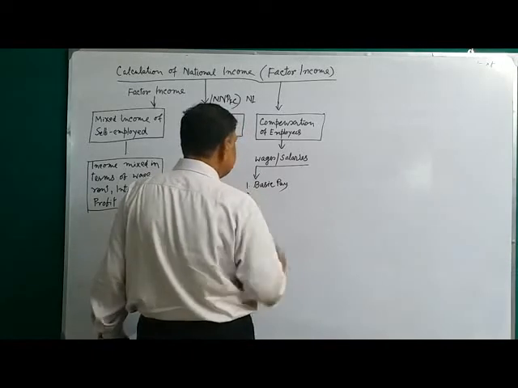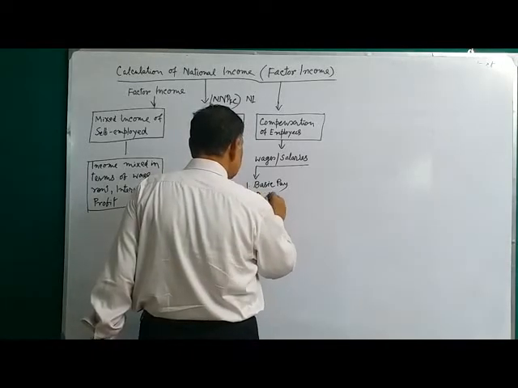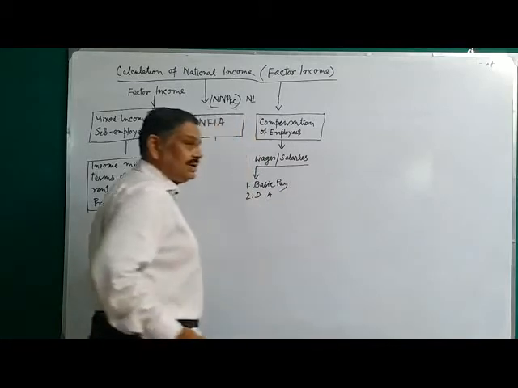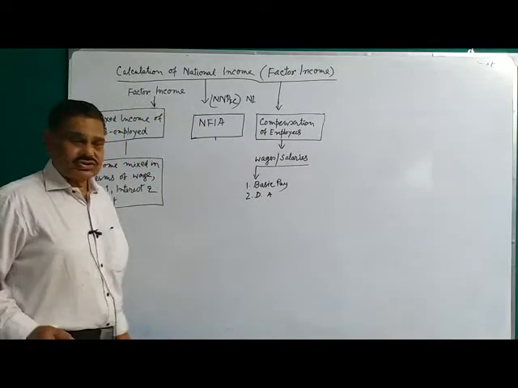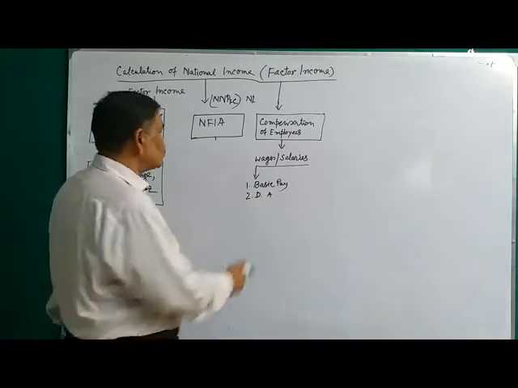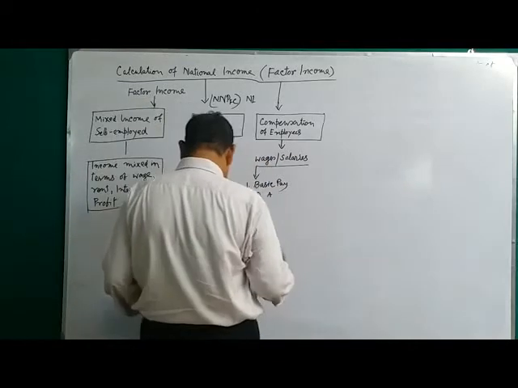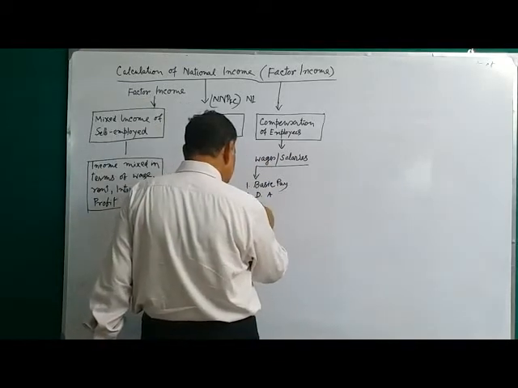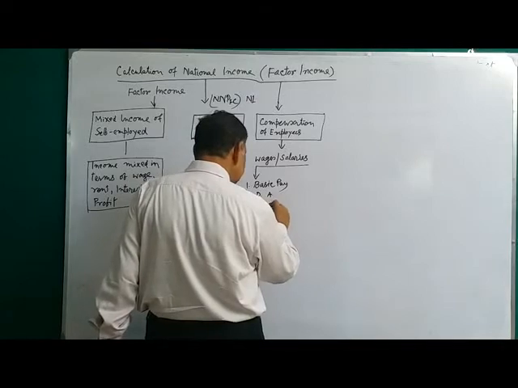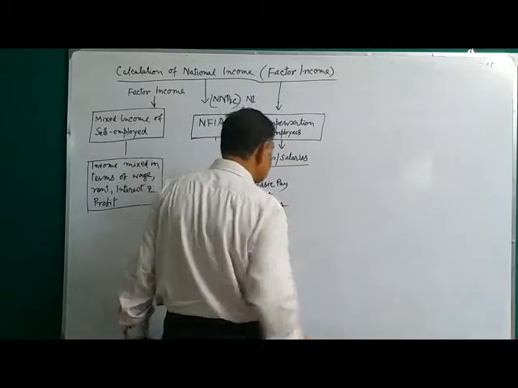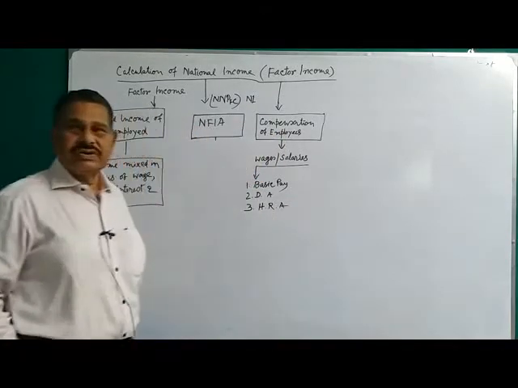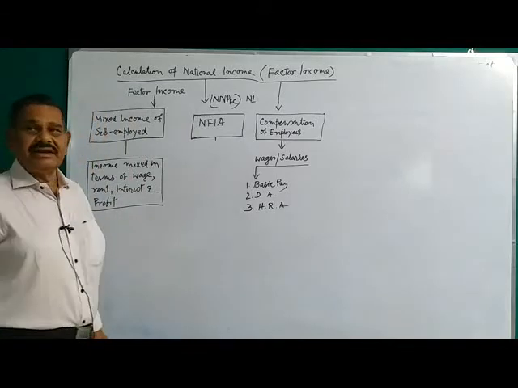With basic pay, DA. DA is dearness allowance. It is also associated with the salaries. And then 3, HRA, house rent allowance.